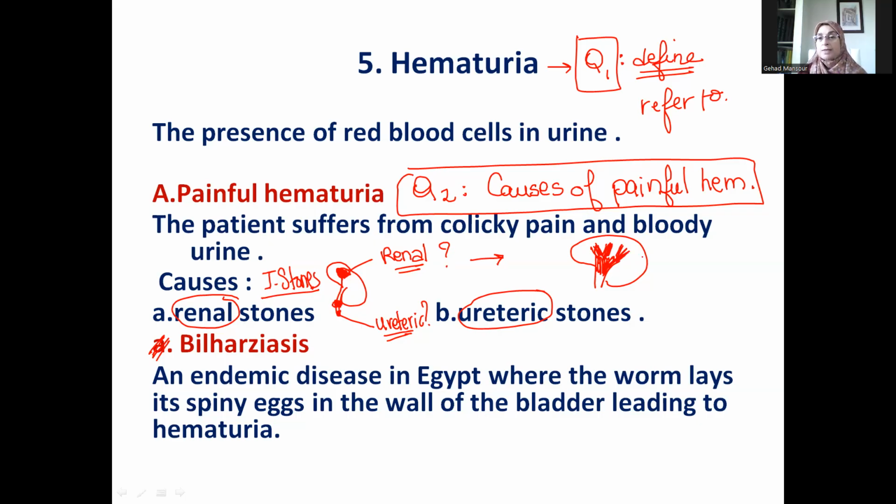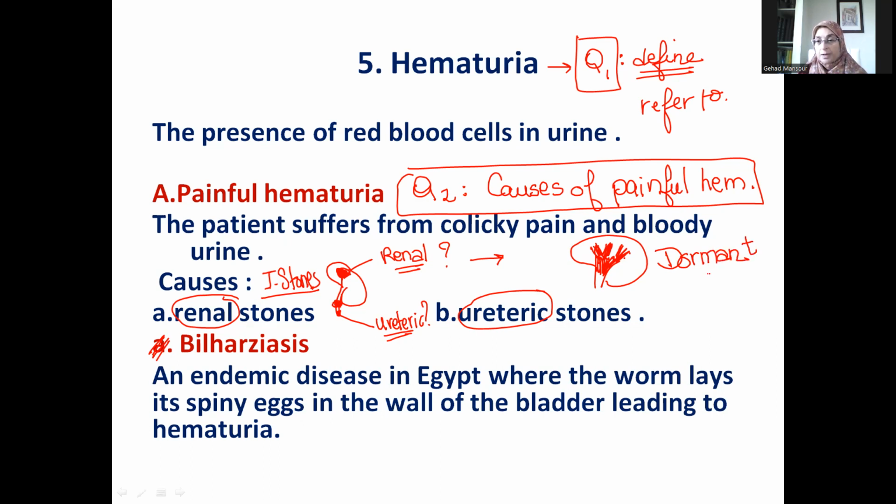And in such a case, what is the major risk related to those renal stones that lie in the renal pelvis, or in the major calyces, or in the minor calyces, I mean in the renal tissue itself? It is that these stones may remain dormant for years.